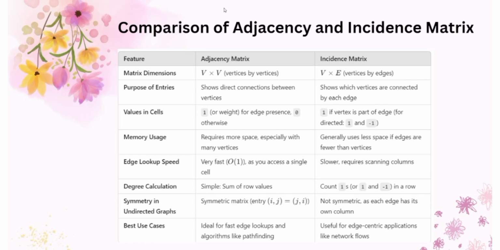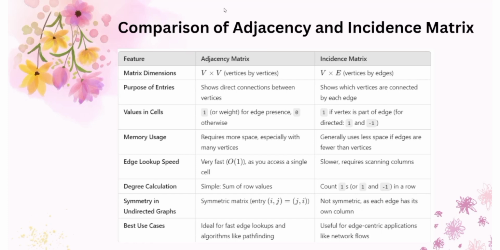Degree calculation. To find the degree, we just have to add up the numbers in the row for that vertex. Each one means a connection. In incidence matrix, to find the degree, count how many ones in undirected graph or 1s and -1s for directed graph are in the row for that vertex.